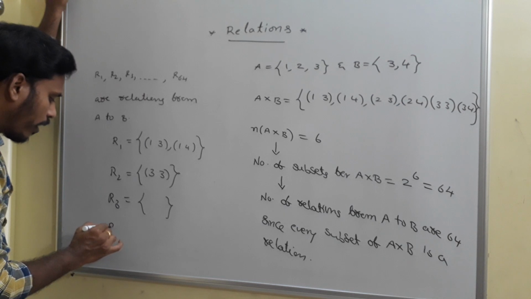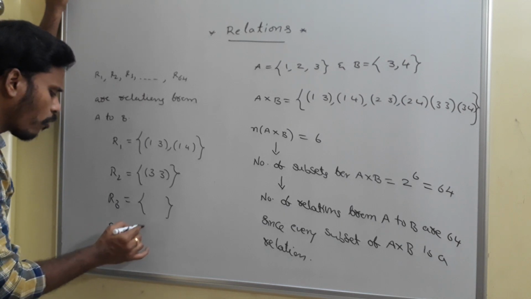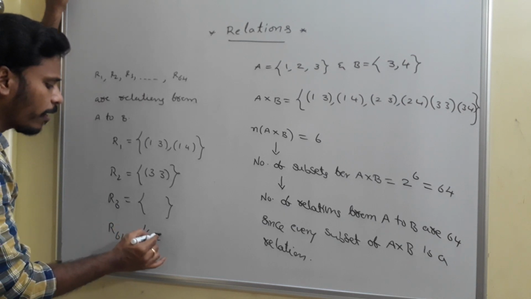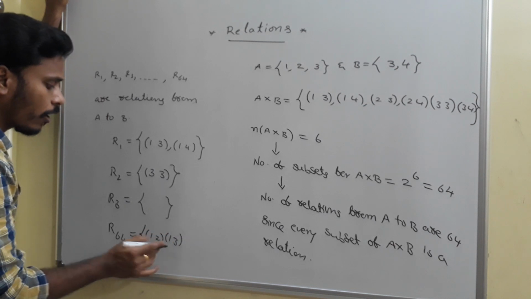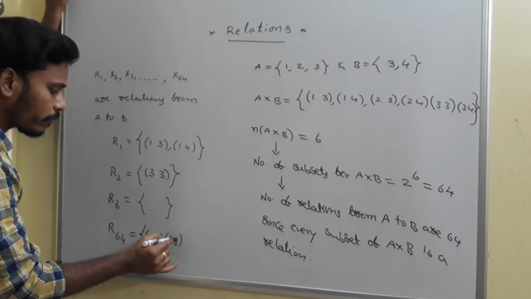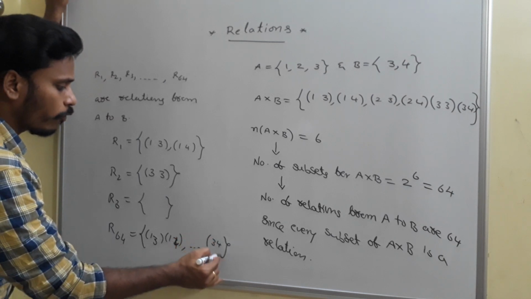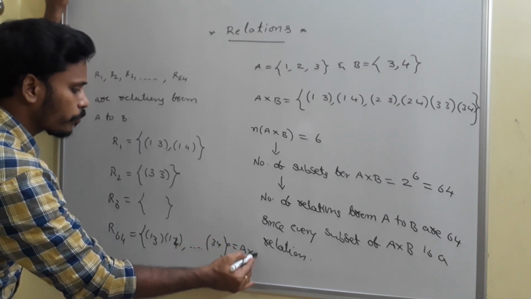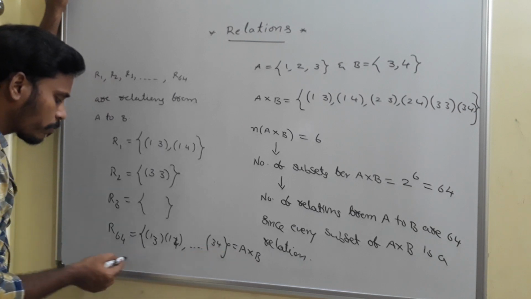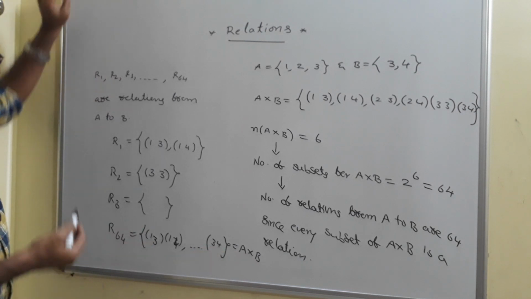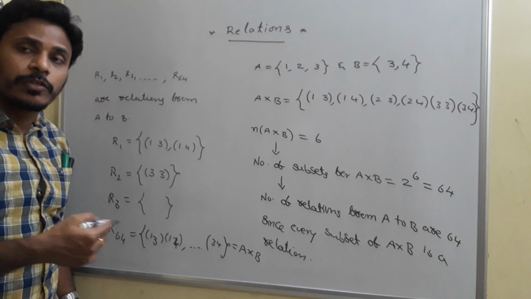And suppose you may take R64 or any number, no problem, a set containing all the elements: (1,2), (1,3), (1,4) and so on up to (3,4). That is the complete A cross B. This complete A cross B again acts like a relation because every set is a subset of itself.